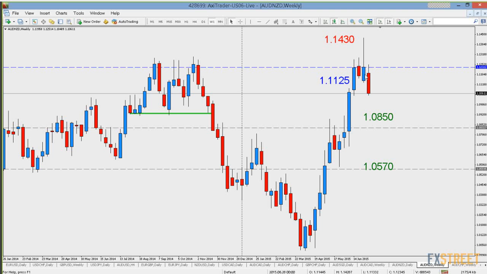This is what's called a pseudo kangaroo tail. It's not quite a kangaroo tail, and I'm banking that it's going to go to 108.50 before it hits 114.30, which is where my stop is. Again, this is Aussie Kiwi weekly. So this is an example where the market went to a support and resistance level, and the likely scenario to me, according to the pattern, was that it would fall rather than break through.